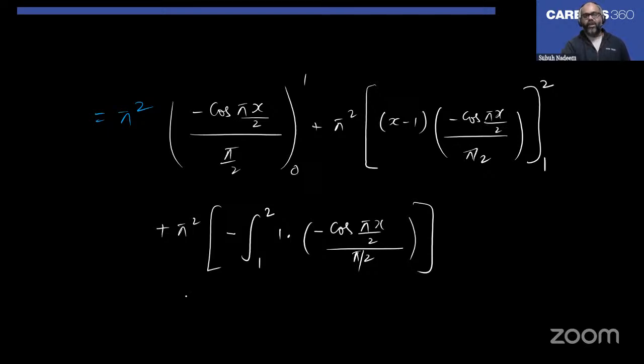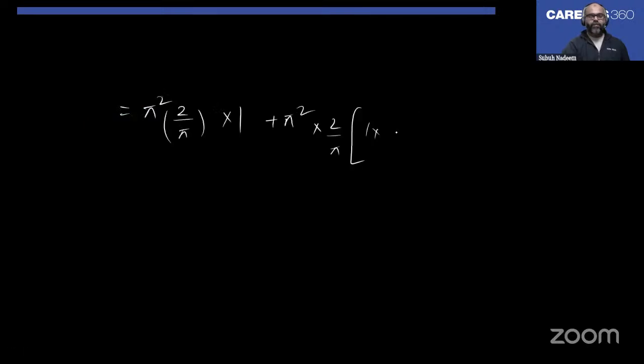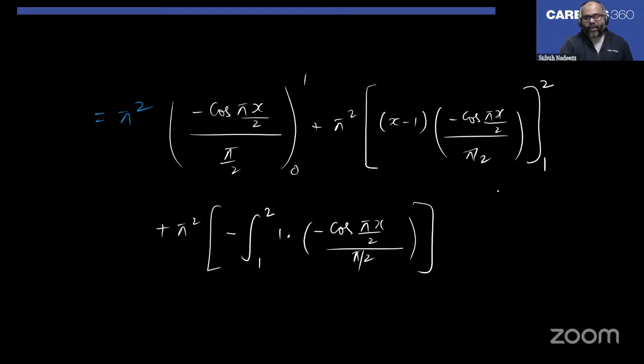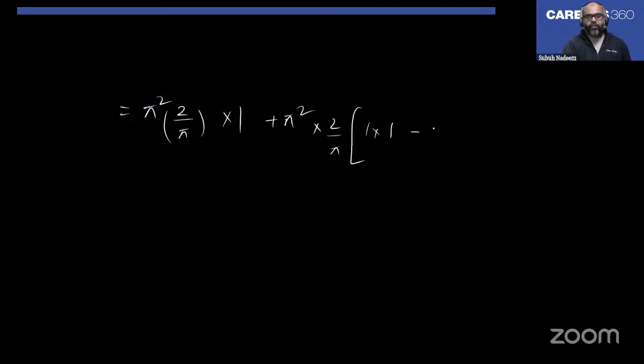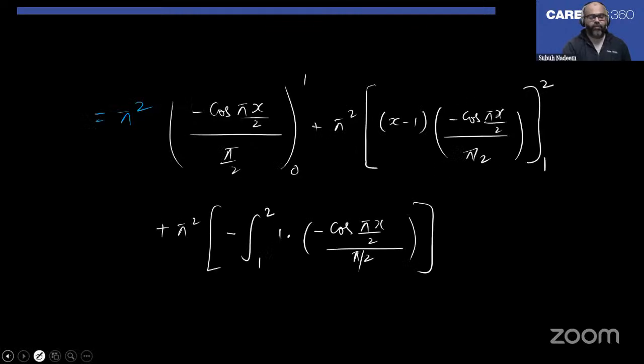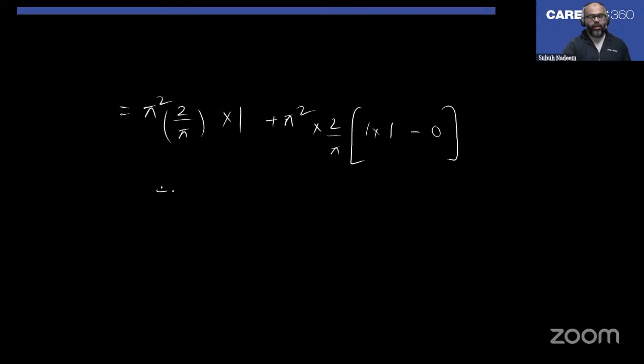So minus minus will be plus 1. Then we have minus, we put 1, that will become 0. Then we have π² minus π², and then this minus will also come outside. So plus π² into 2 by π it will become.